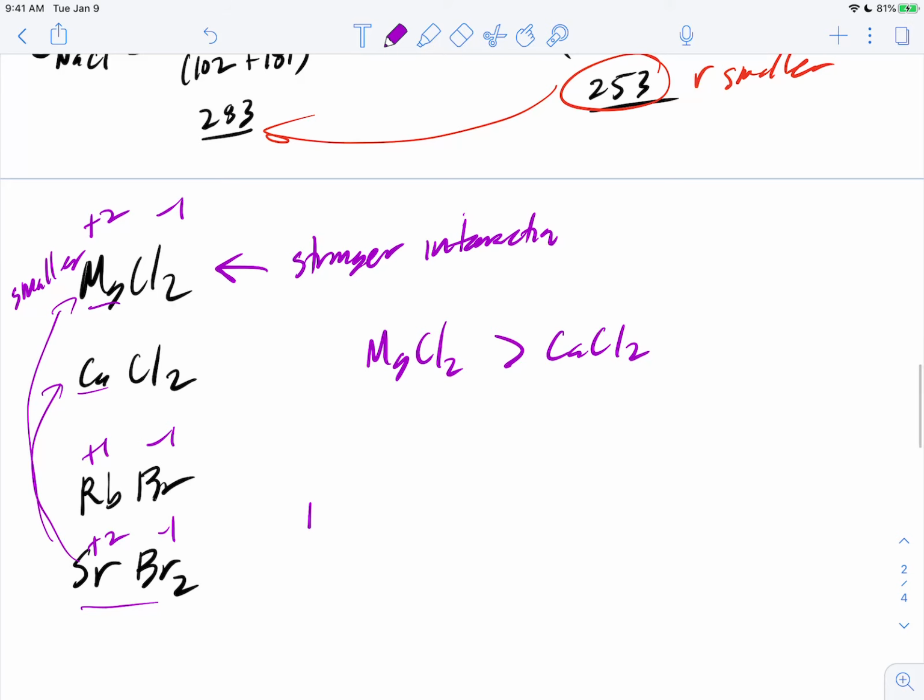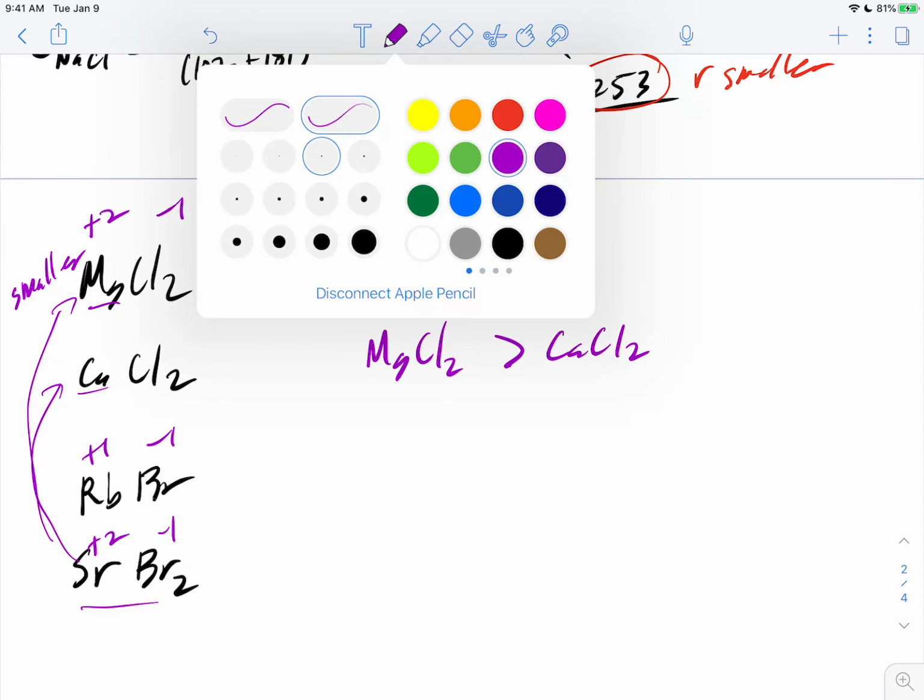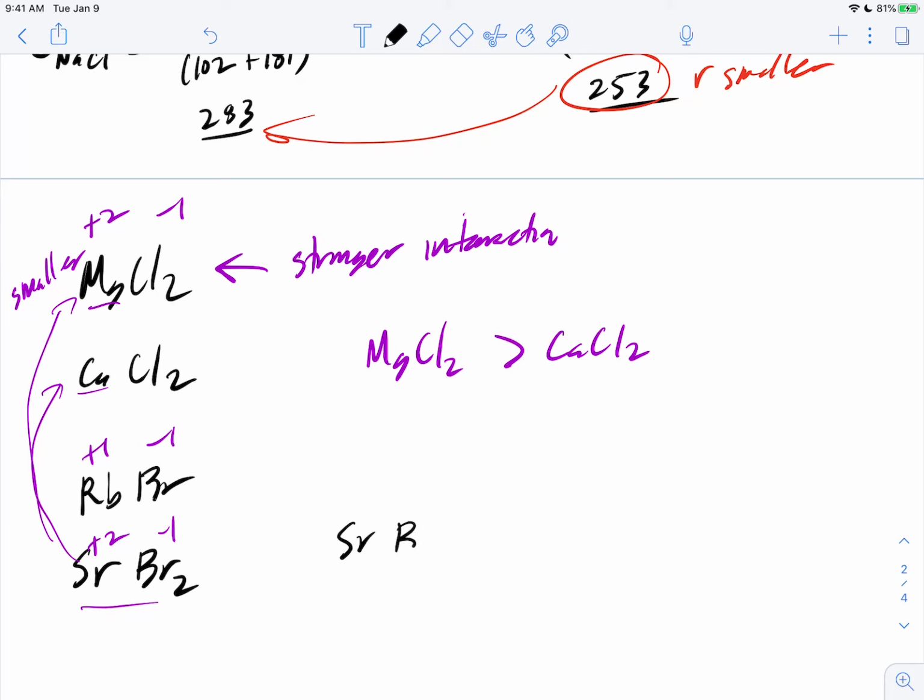We can say, though, that strontium bromide is bigger than rubidium bromide, and we would expect that we could probably put this here and assume that this is true. We can order in this pairwise fashion. So know that charge matters most, and size matters next if charge is the same.